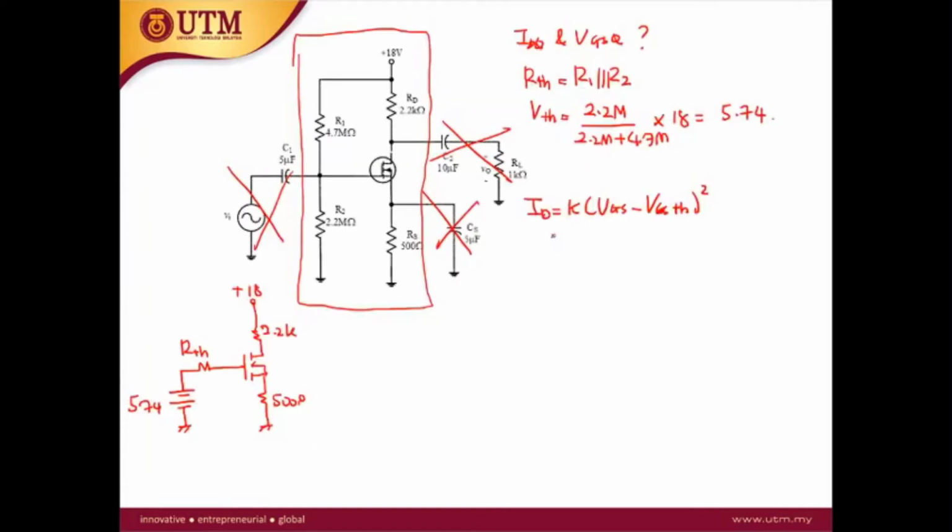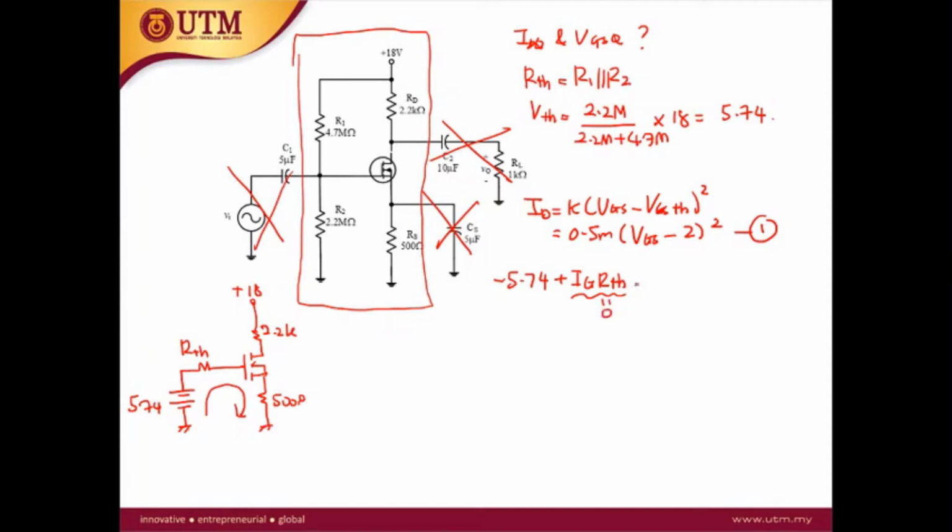So this is ID equals 0.5 milli times (VGS minus 2) squared. This is equation number 1. Equation number 2 is the KVL from the input loop. The KVL is minus 5.74 plus the voltage drop at the RTH, which is IG times RTH. However, this is equal to 0 because the gate current is always 0.